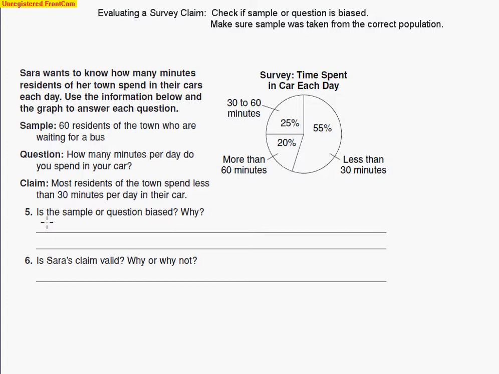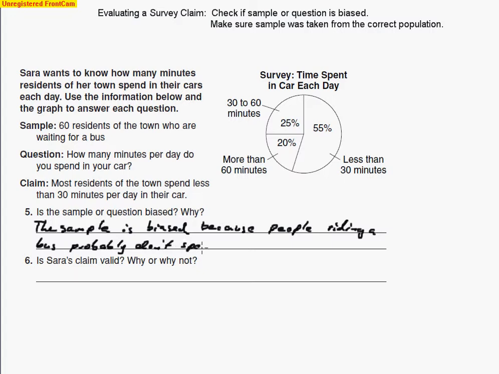Well, I would say the sample is biased. And the reason is that, we'll say, because people riding a bus probably don't spend much time in their car, if they have a car at all.